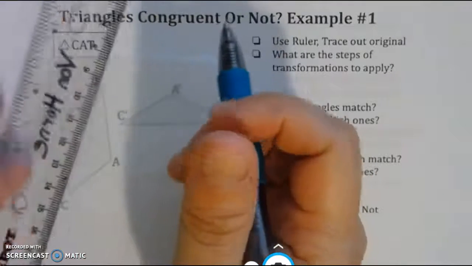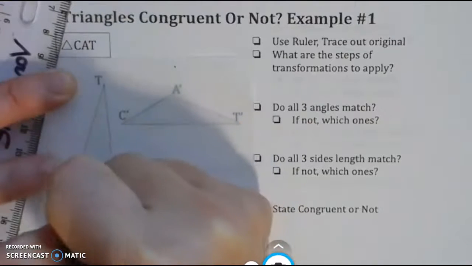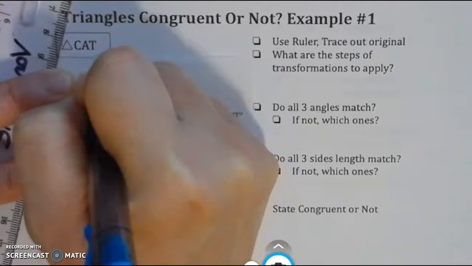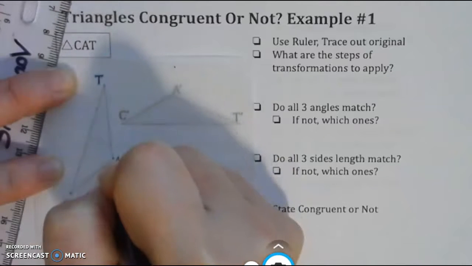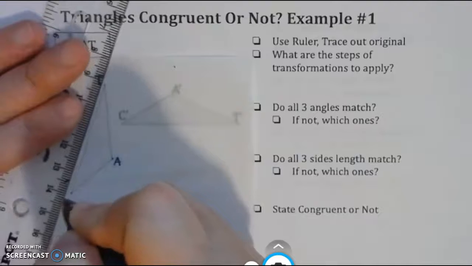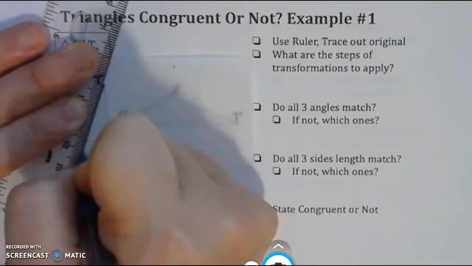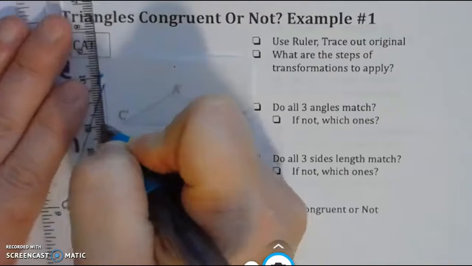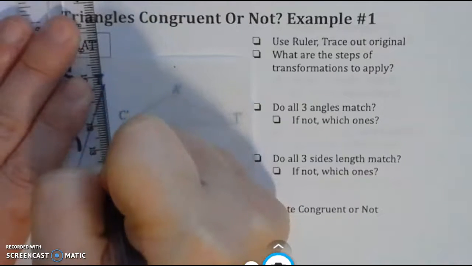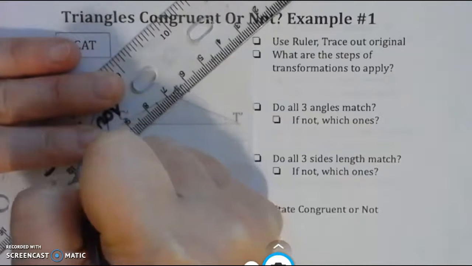What I can do is trace my vertices. I know this is going to be T, this is going to be my A and C. And then I can join the vertices together so that they are an exact match.